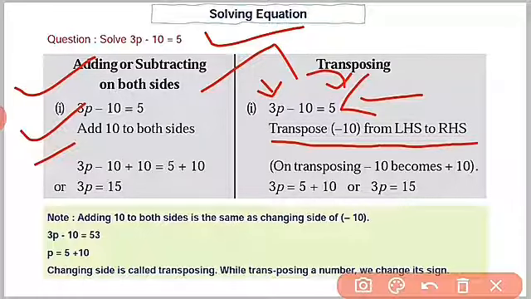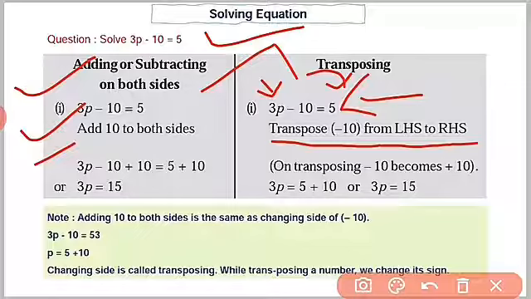On transposing a number, whether negative or positive, there is always a change of sign. So when we transpose minus 10 from LHS to RHS, it will become positive 10. So what will be the new equation? That is 3p is equal to 5 plus 10.